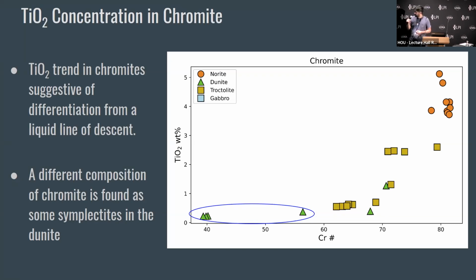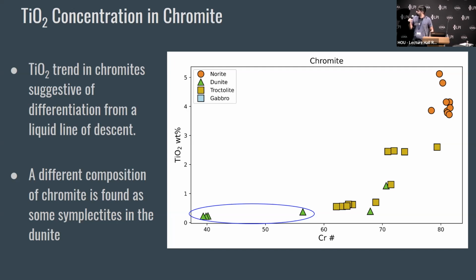But this trend indicates that as the rocks are evolving, mostly forming plagioclase, which is increasing the chromium number in the chromite by removing the aluminum, and increasing the titanium content, which is mostly incompatible. And the accessory minerals, the chromite, are all following this kind of trend.